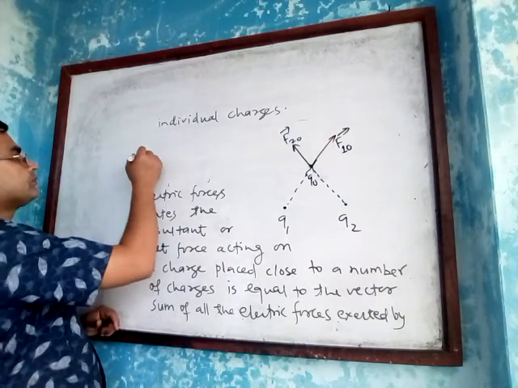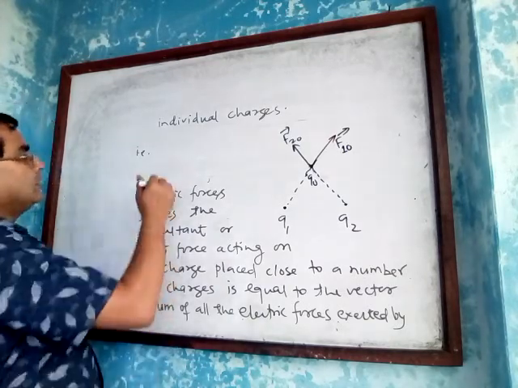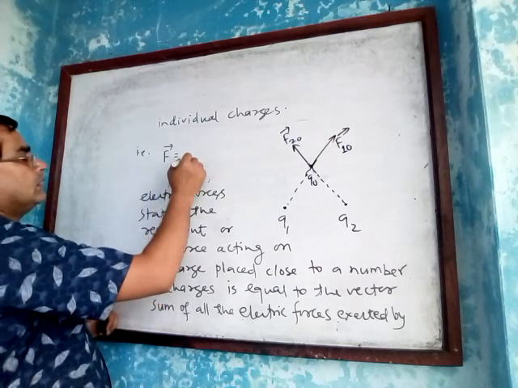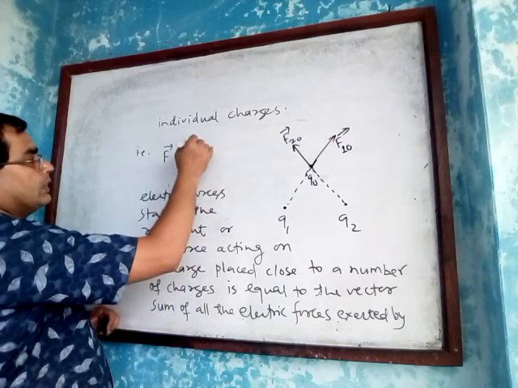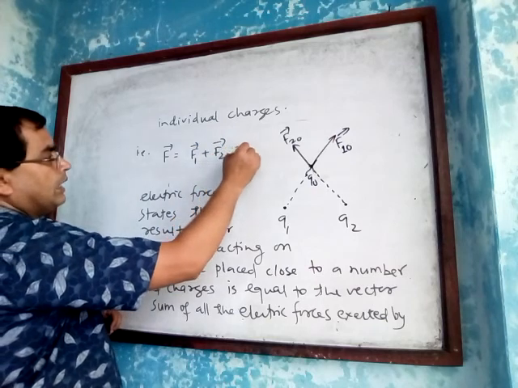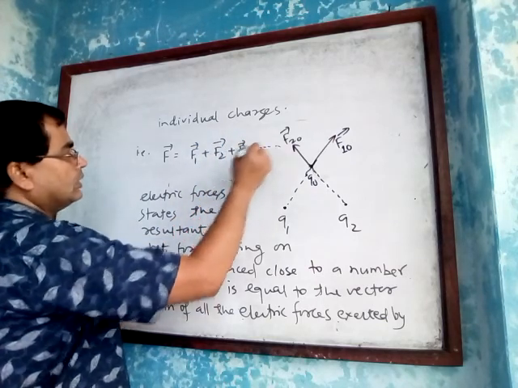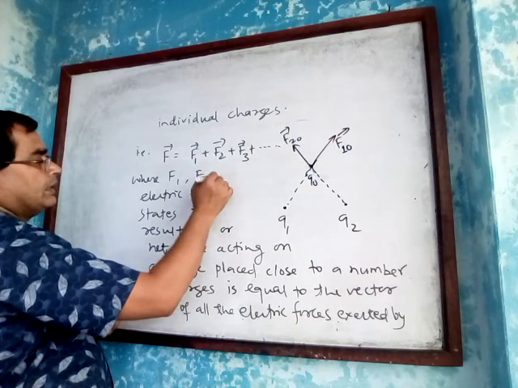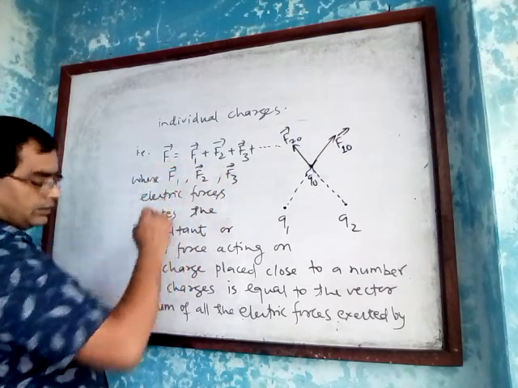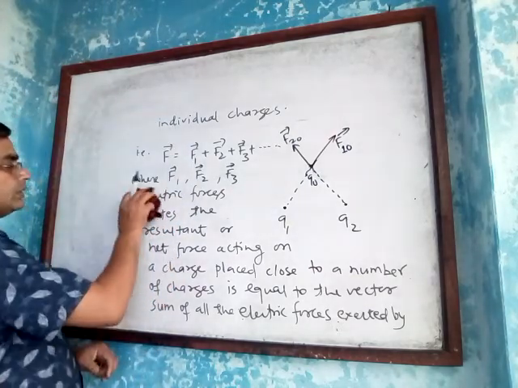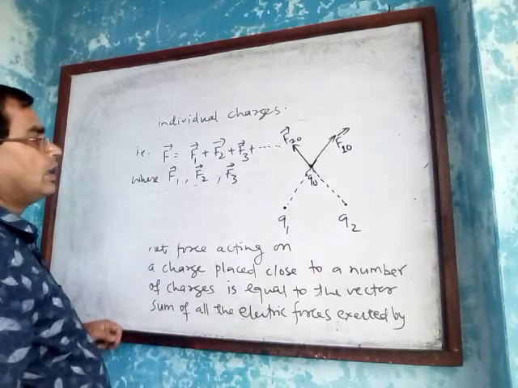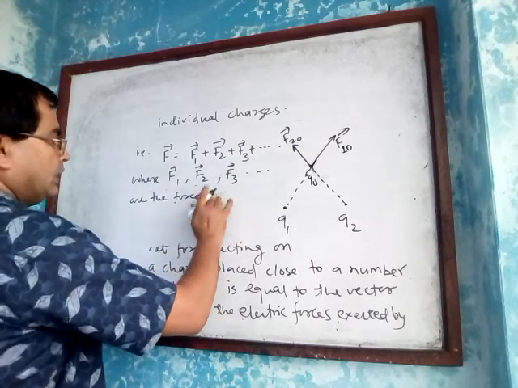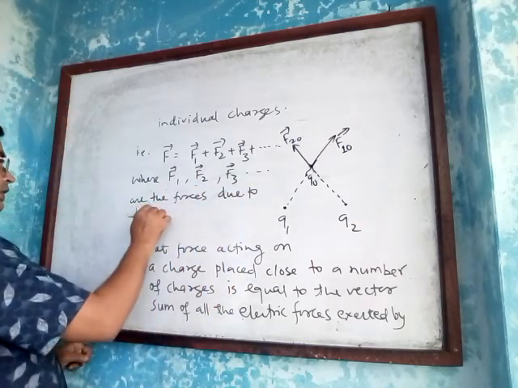That is, F equals F1 plus F2 plus F3, where F1, F2 and F3 are the forces due to the individual charges.